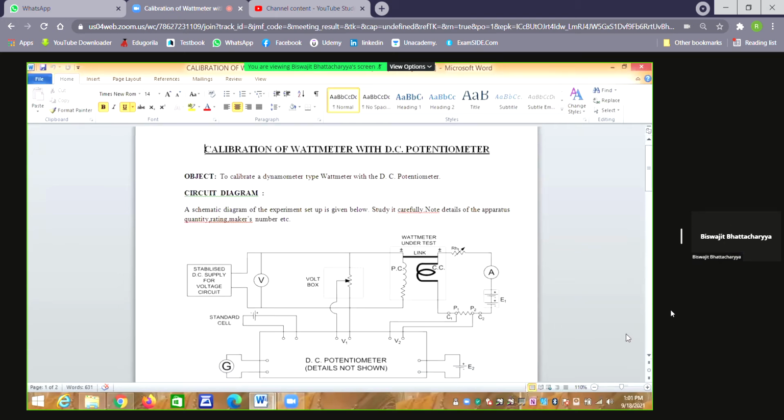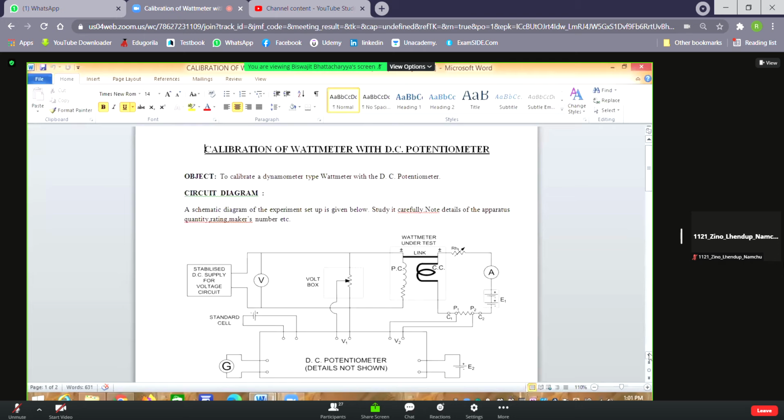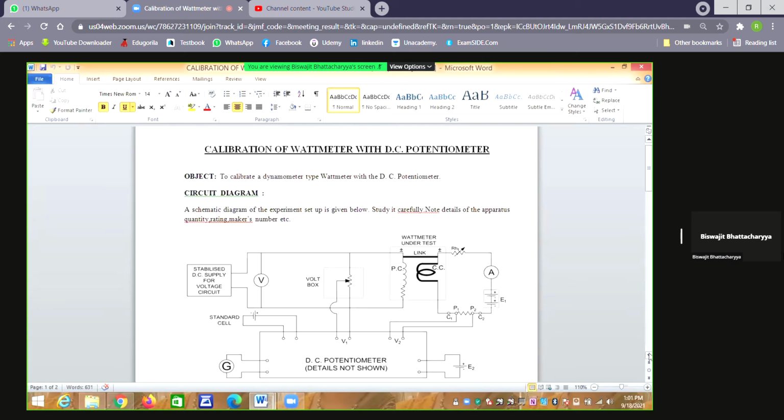Don't worry, I shall send you this instruction sheet after the end of the class. And what you have to do from your part, that also I shall clarify after explaining this particular experiment. And I shall show you one video also on this particular experiment.